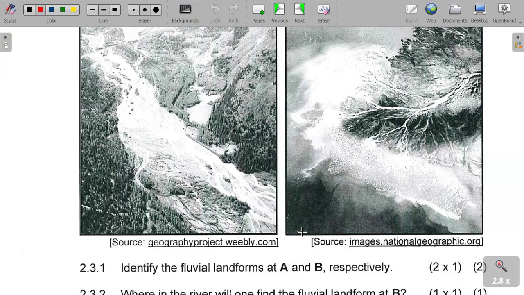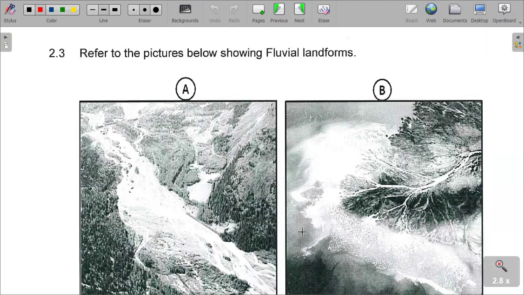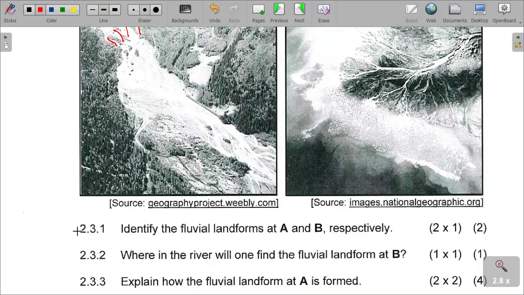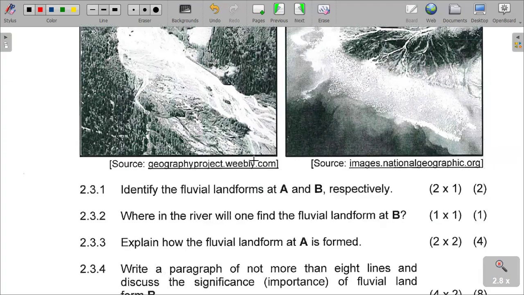At A, this is a braided stream. As we can see, there are quite a lot of streams there. We are seeing various streams here, streams there, they are divided and coming back to each other. A is a braided stream.